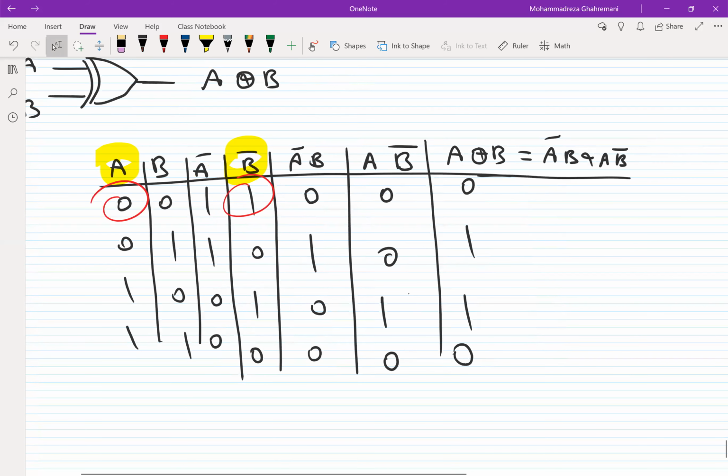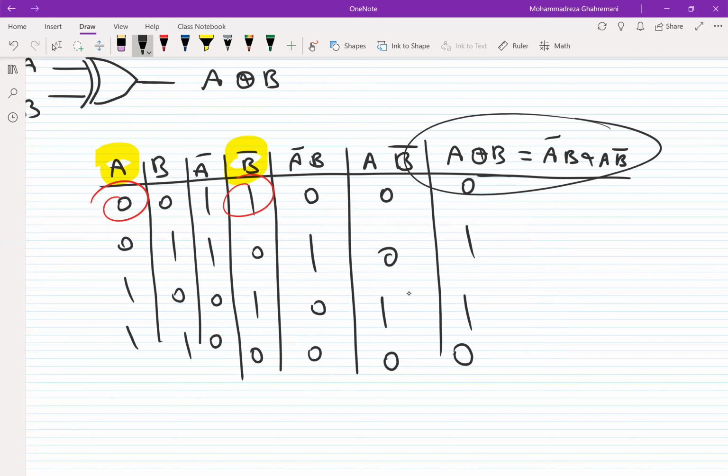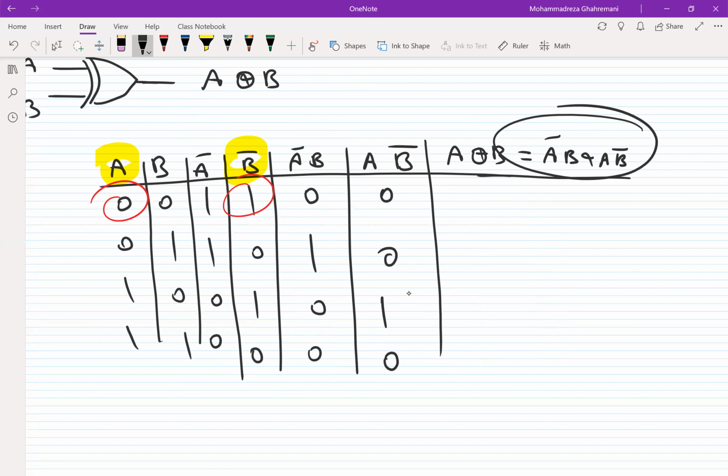Okay, and the last column, let's complete this column. We want to find A bar B plus A B bar. So we want to find A bar B and A B bar connected together with an OR gate. We know that the output is 1 if at least one of the inputs is equal to 1.